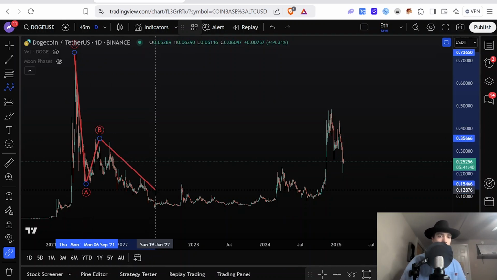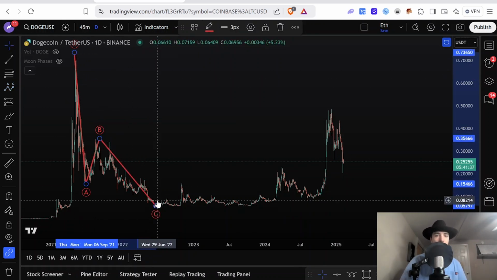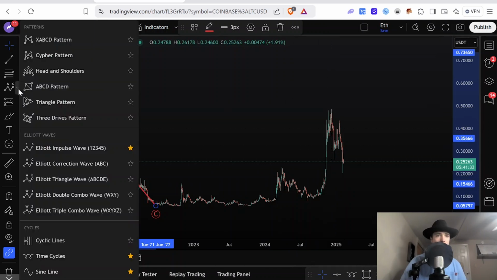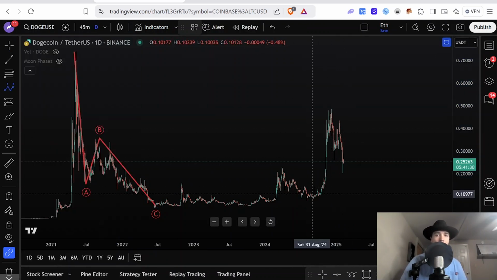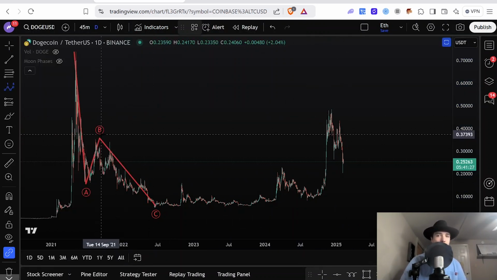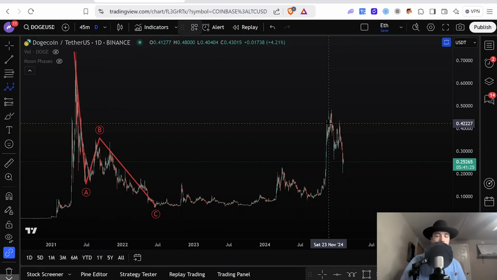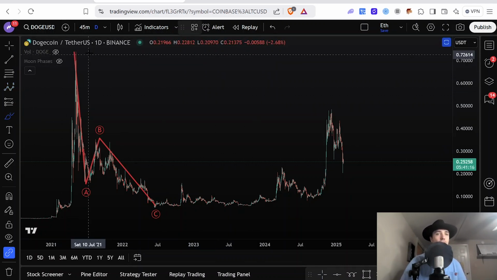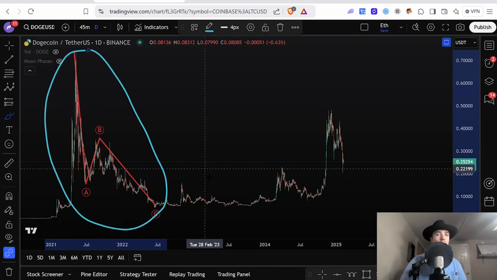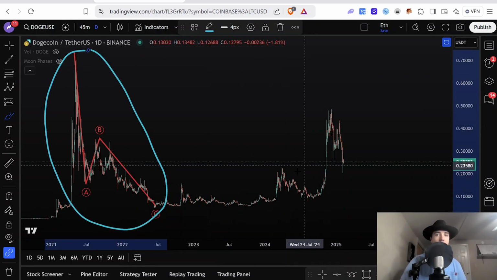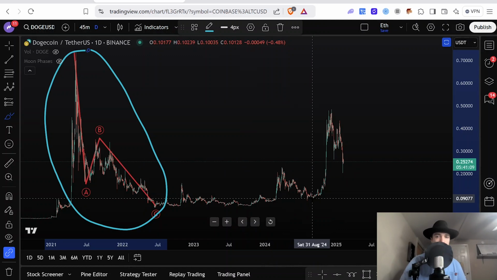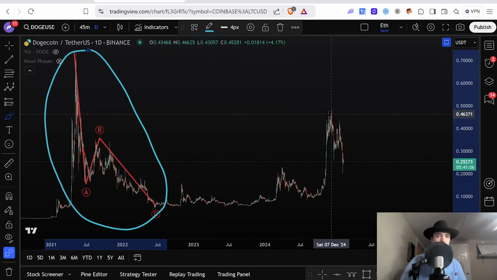So you can see wave B right here, big ABC correction. The market cycle starts to recover here, and you can see that we get our bullish recovery right up into wave B right here. And in fact, we broke above wave B here on Dogecoin. So that's a perfect example of what it looks like after a big ABC correction in the big picture here, and what it looks like as the market recovers and breaks out of wave 1 and wave 2 up towards a new local high.